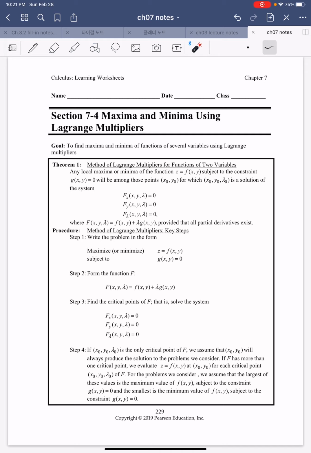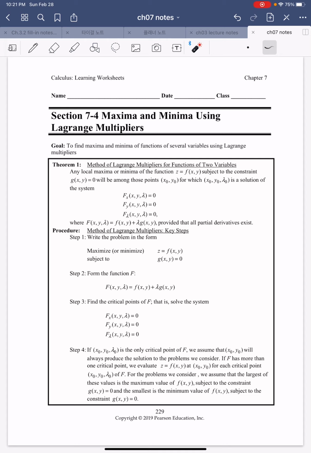In addition, the method generalizes to functions of arbitrarily many variables subject to one or more constraints. The procedure seems a bit complex because there are 4 steps, as you can see listed on the notes. This procedure is also written down on the PowerPoint, so you can also refer to the PowerPoint notes.